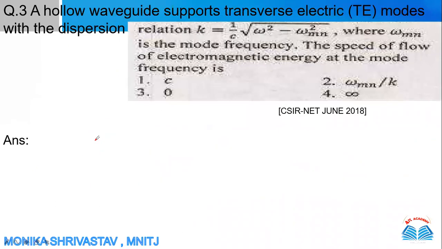Again moving to the third question, which is: a hollow waveguide supports transverse electric modes with the dispersion relation k equals 1 upon c under root omega square minus omega mn square, where omega mn is the mode frequency. What is the speed of flow of electromagnetic energy at the mode frequencies? Now they are asking the speed, meaning the value of u or the value of v. I have told you that in any waveguide, the velocity is always the group velocity.